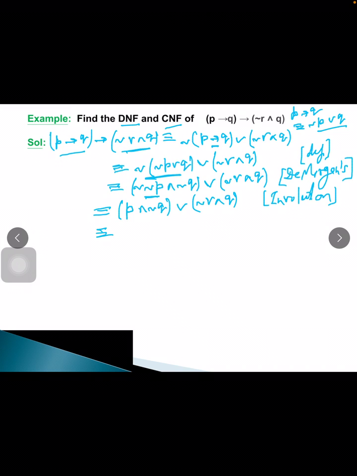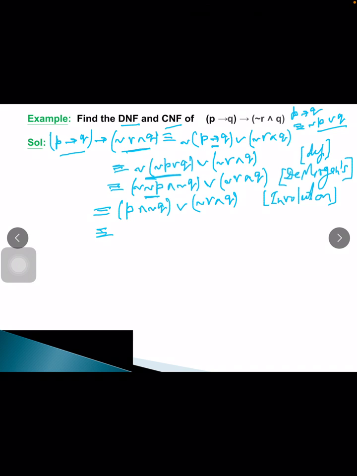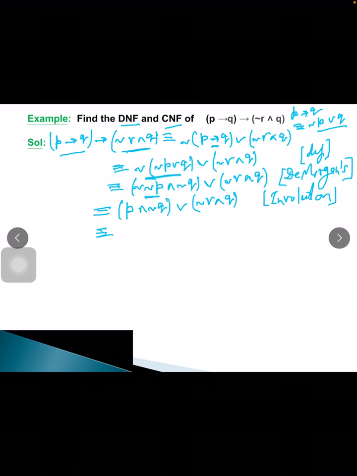Now you see that this is P and negation Q, and this is negation R and Q, and these are both, what is this?